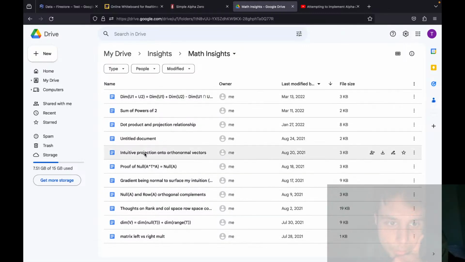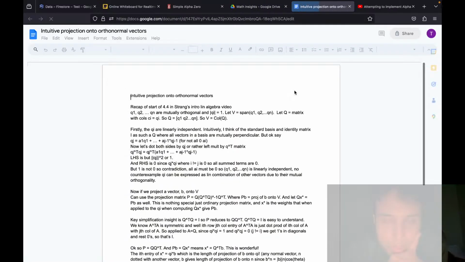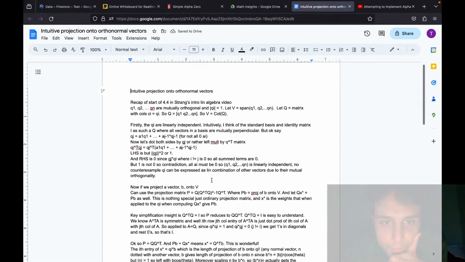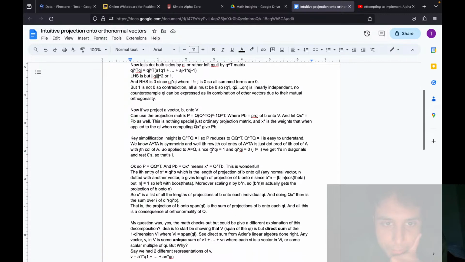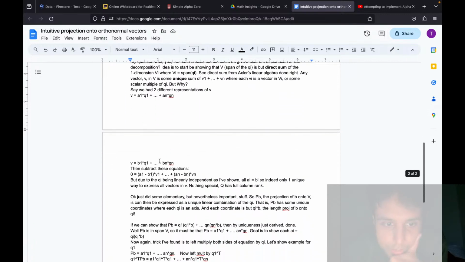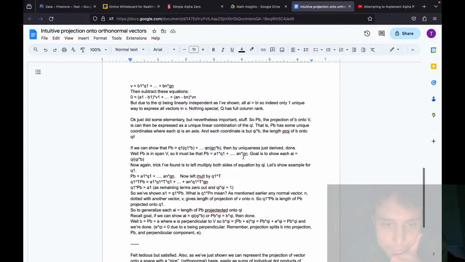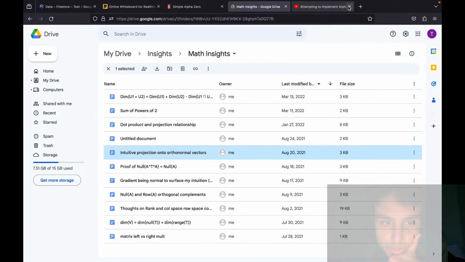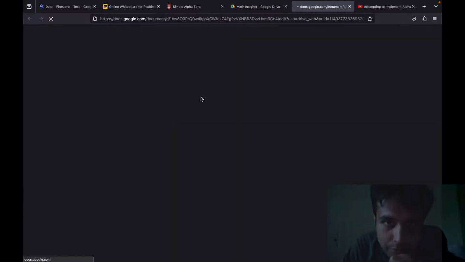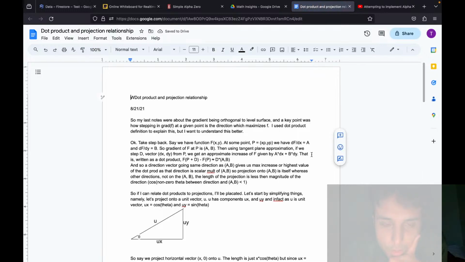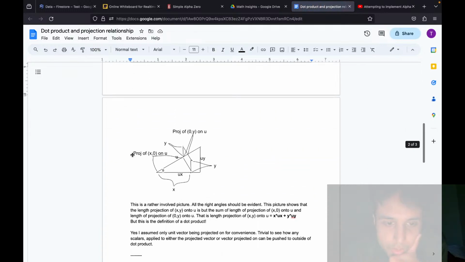For example, intuitive projections or orthonormal vectors, which is what I just did in the previous live stream and just now. And now what I'm going to do is this thing, null of A, that's what I'm about to do. And again, for previous live streams, the dot product projection relationship, that was my first live stream for this.